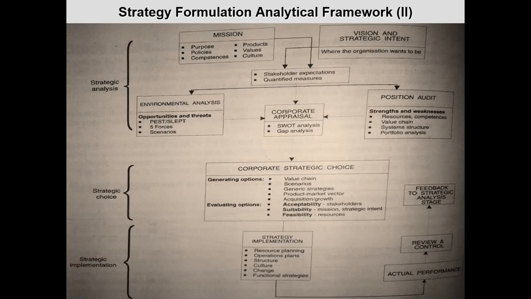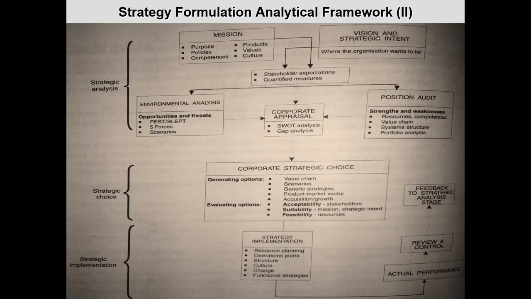And we'll be talking about the product market vector, which focuses upon market development, product development, market penetration, and diversification strategies. So generating options is basically related to the product market vector and generic strategies, which give us the options: what our current markets are, what the state of our current product is, and how we are planning to expand the product line and the markets.